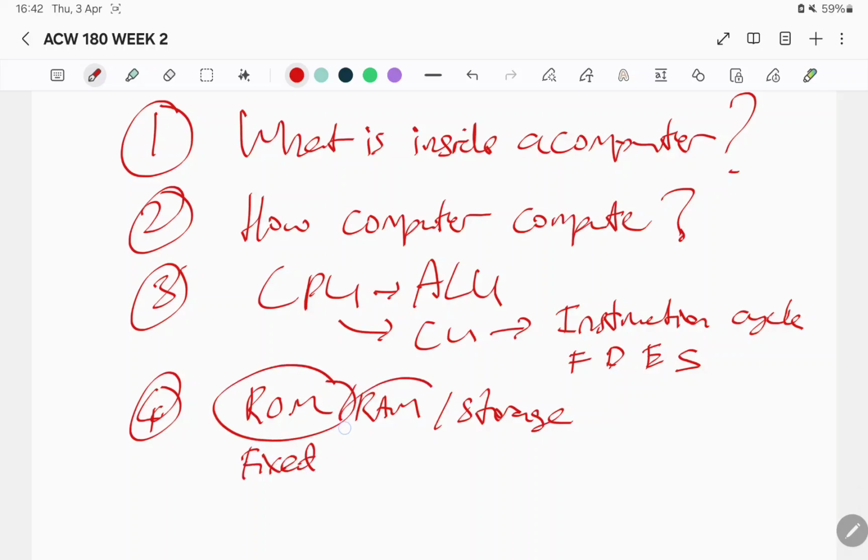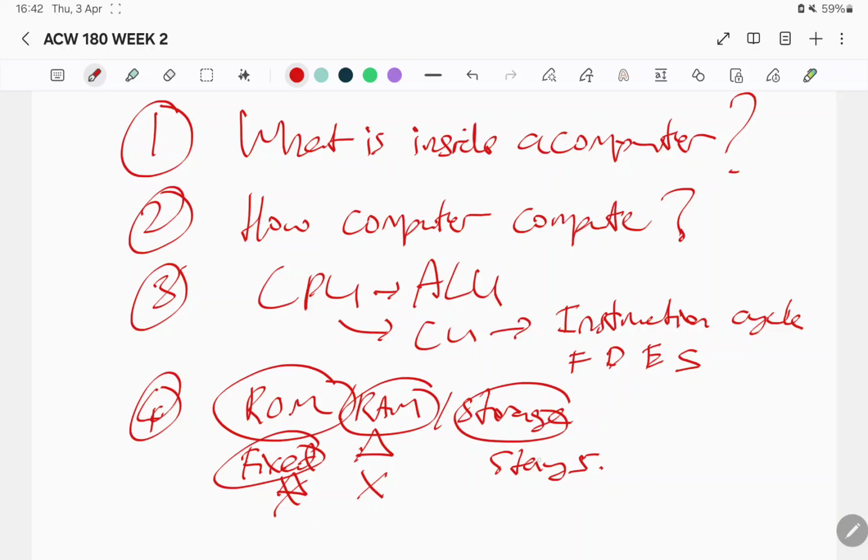The memory inside here is fixed, and with no electricity it's still fixed, it doesn't change. This one is changeable, but without electricity it is gone. It's just a random access memory. This one stays, with no electricity it still stays.